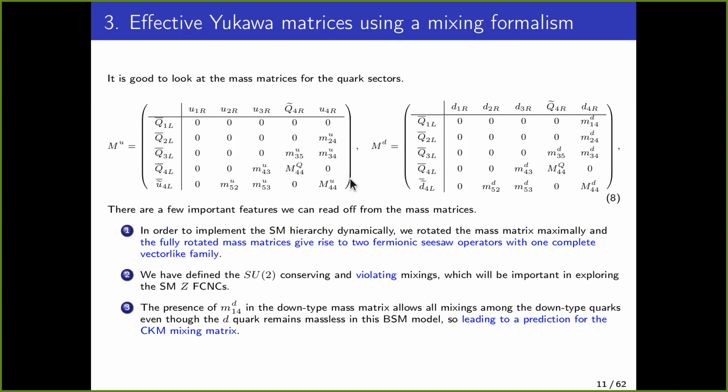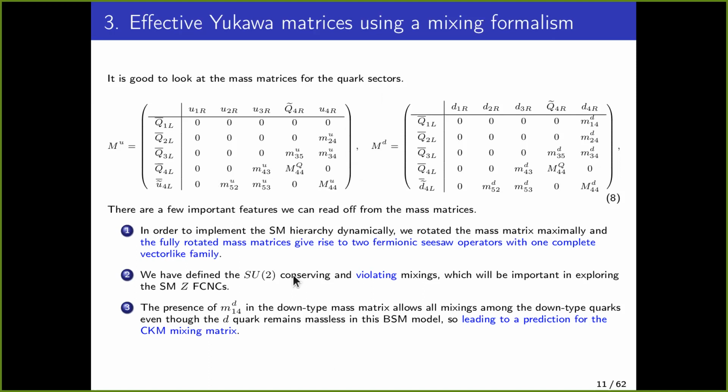It will definitely make our analysis much more complicated, because we need to introduce many more free parameters. Does that answer your question? Okay, so let me move to the next part.